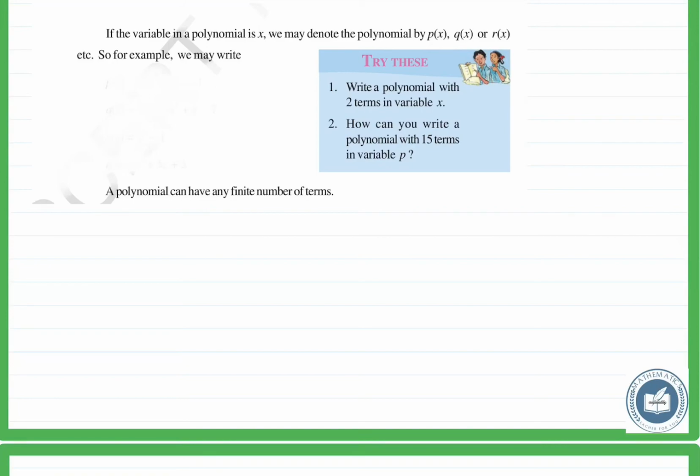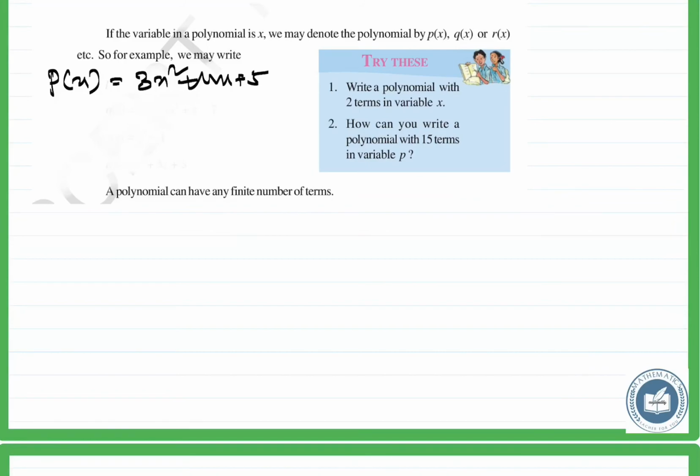Next, if the variable in a polynomial is x, we may denote the polynomial by p of x, q of x, r of x. For example, with one variable x, we can write p of x equals 3x square plus 4x plus 5.